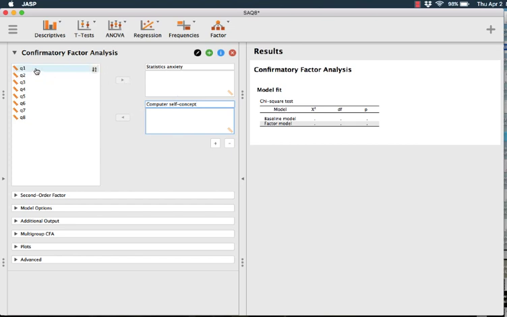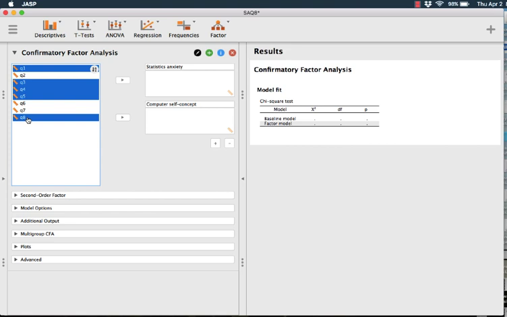And then what we want to do is simply highlight and drag the items that correspond or load onto each one of these factors. So for statistics anxiety, that was item 1, and then 3, 4, 5, and 8. What I'm doing on the Mac here is holding down the Command key.